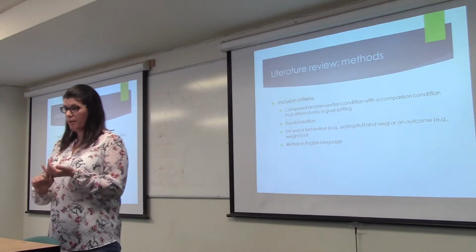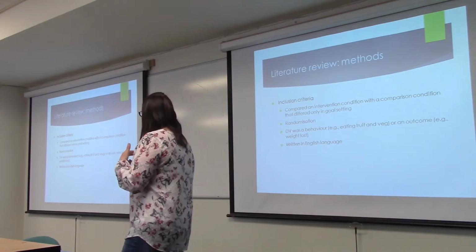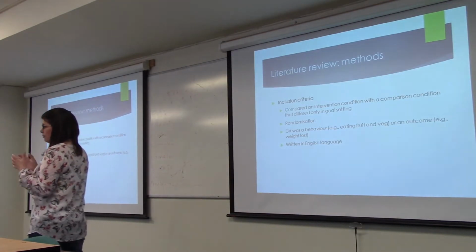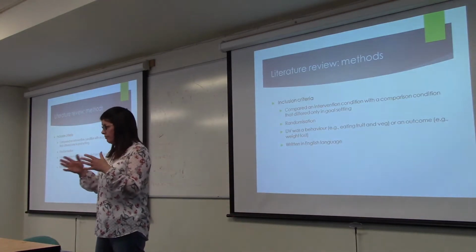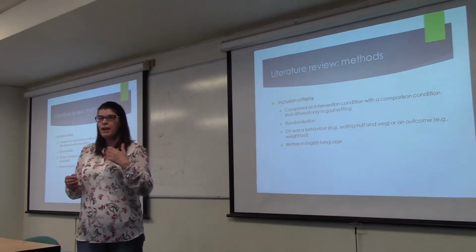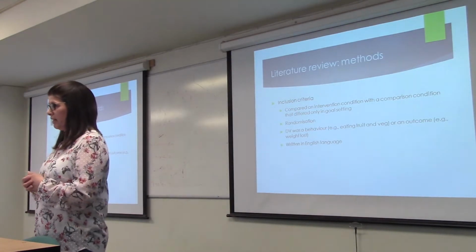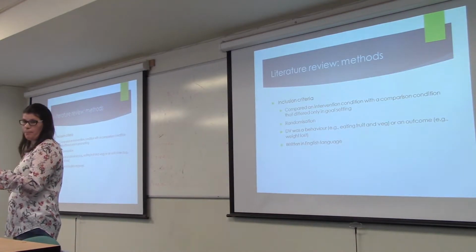The dependent variable was either a behaviour or an outcome, because in the taxonomy there is goal setting for behaviour or goal setting for outcome. We thought we'd do the whole lot together and have a look to see if there were any differences between them. So to set a goal for behaviour would be things like, I'm going to eat 5 fruits and veg per day.